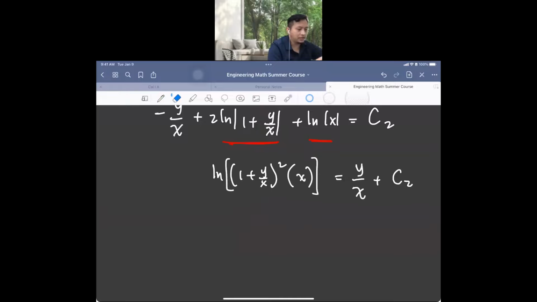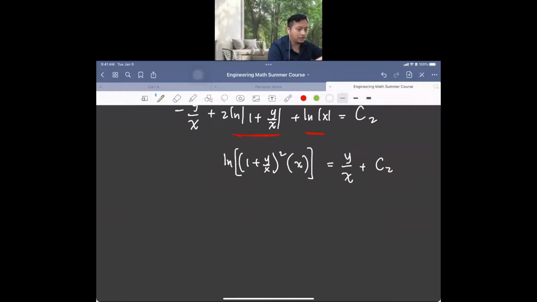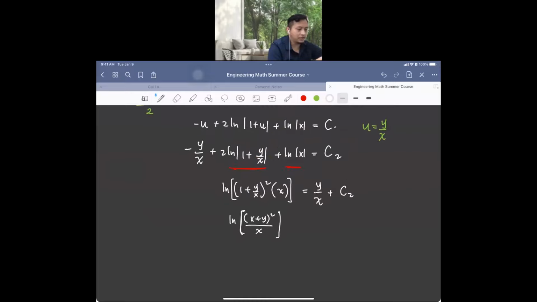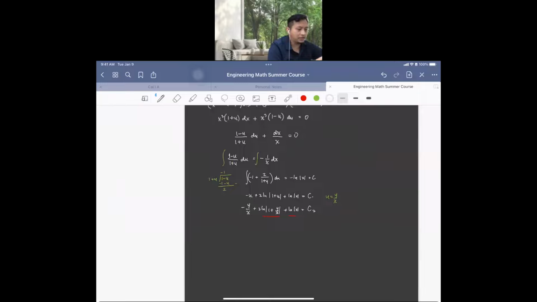We can have ln x plus y squared over x, probably like this. Or maybe just simply write this, or maybe this is okay as a solution.